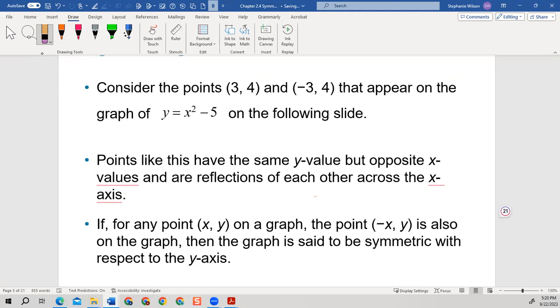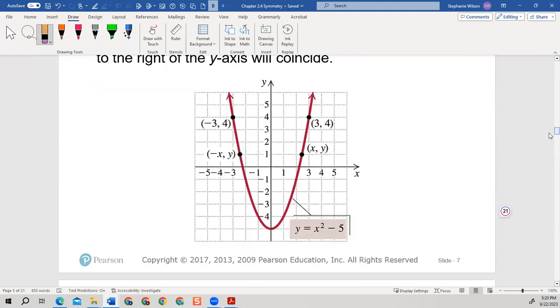So that means we're looking at reflections across the y-axis. Instead of reading it, let me just come down here. We have these ordered pairs, (-3, 4) and (3, 4).